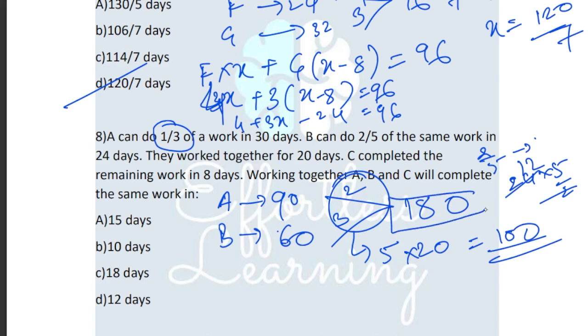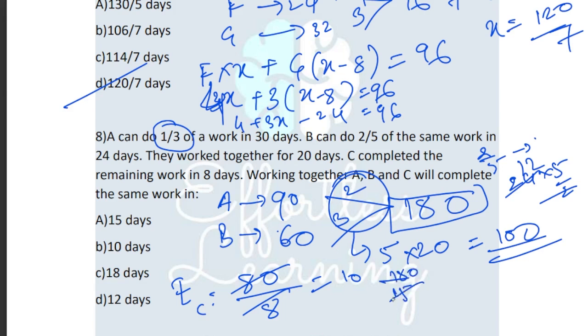Total work is 180 units, so 80 units of work are still remaining. C completes the remaining in 8 days, which means the efficiency of C is 10. Now if they all work together, the efficiency will be 2 plus 3 plus 10, which is 15, and with 180 total work, it will be 12 days.